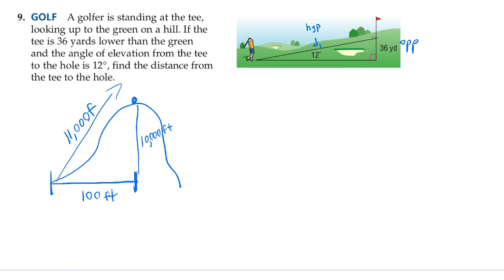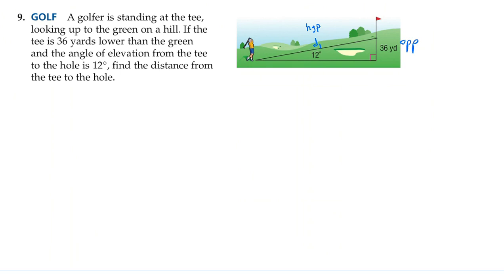Even though looking straight down on a map you're only going 100 feet, the vertical climb is so different. So I'm going to take it as the distance you're walking to get to the top of this hill, or the ball has to travel.